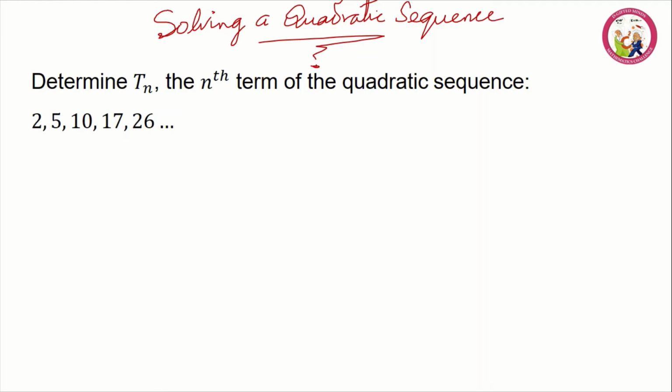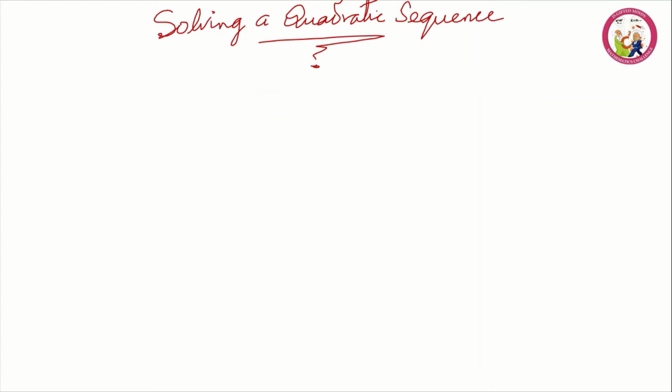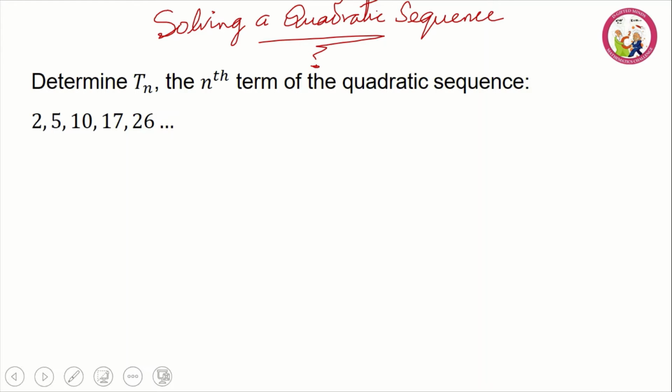Now if you remember, we said that the nth term of any quadratic sequence is always given by Tn equal to an squared plus bn plus c, right?